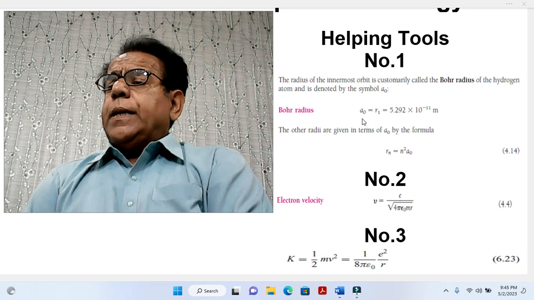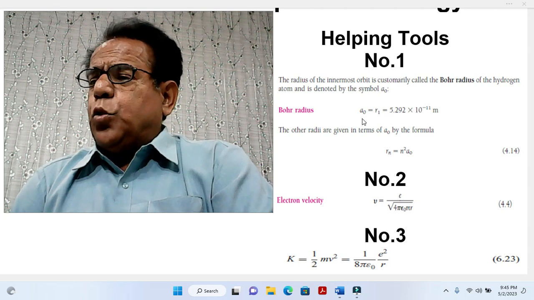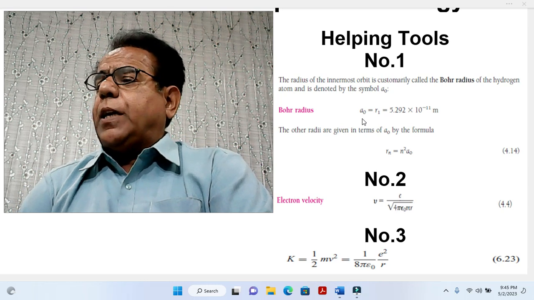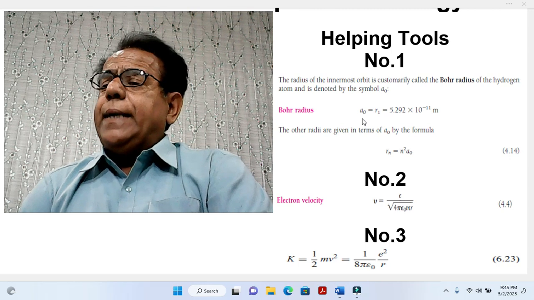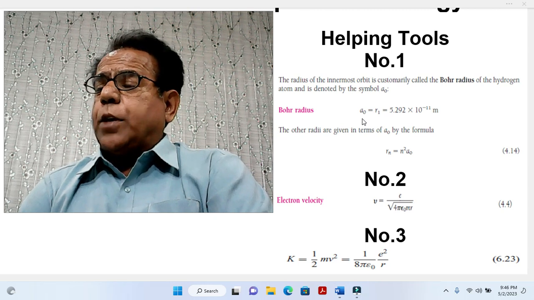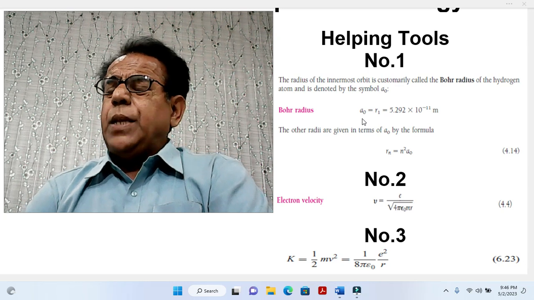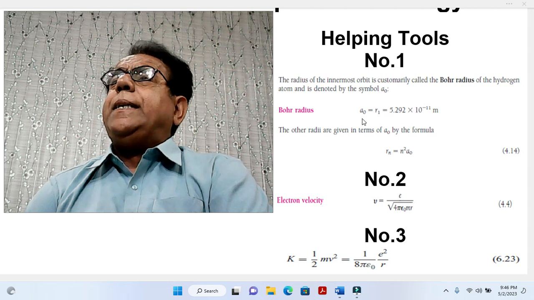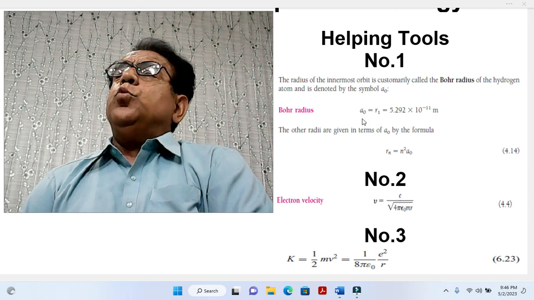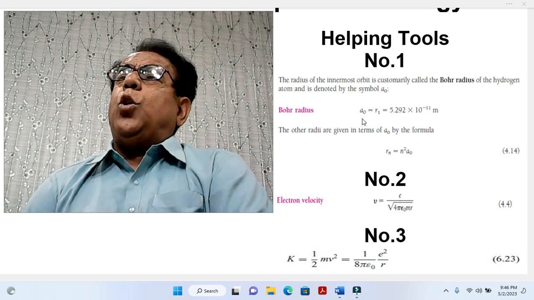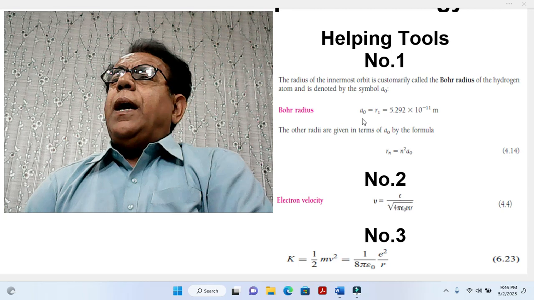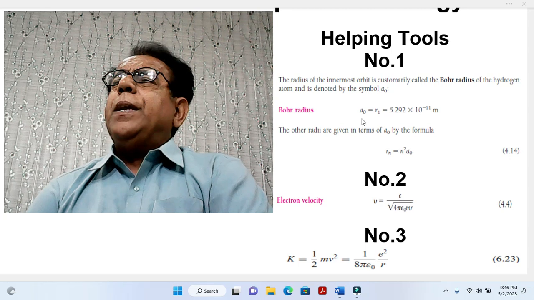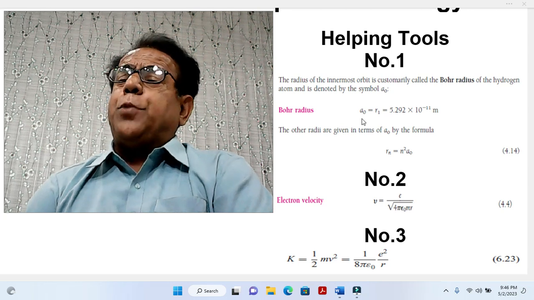The radius of the innermost orbit is customarily called the Bohr radius of the hydrogen atom and is denoted by symbol A naught. Yes students, when we say something as naught, it means we have used 0 or O or a circle like symbol which is usually used for degree, as a subscript of that letter.